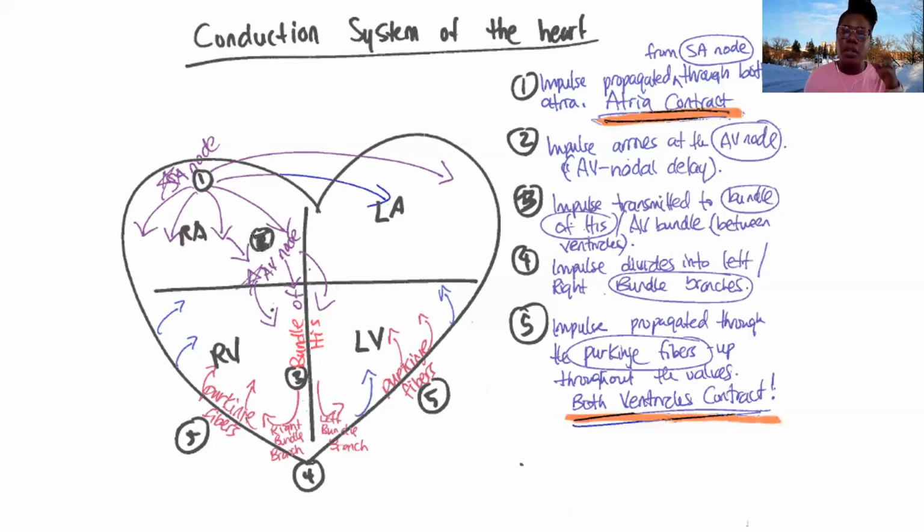But when it comes to the ventricles, we want the blood to move up towards the artery, right? Not further down. And so we need the impulse to get down through the septum to the bottom of the heart first, and then it can start spreading out through the bottom of the ventricles and squeeze up towards where we've got the valves. Think about squeezing a tube of toothpaste from the bottom up.